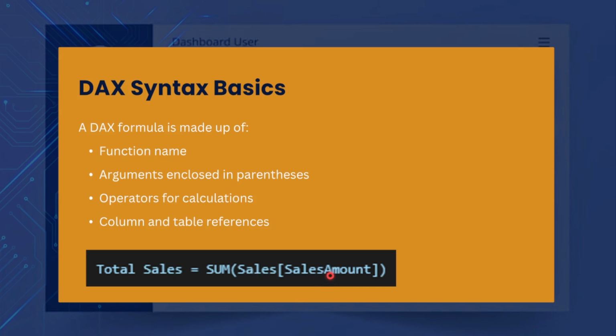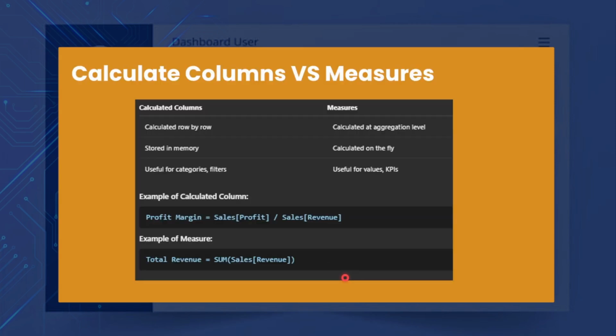The only thing missing in this example is the operators for calculations. This is the argument enclosed in parentheses. So there are no operators in this example, but in subsequent examples we'll see that.